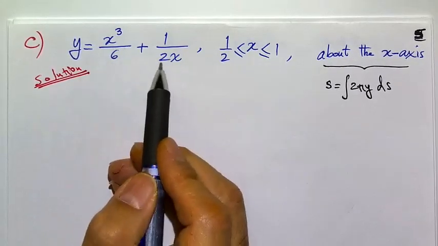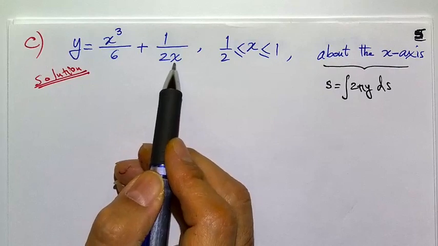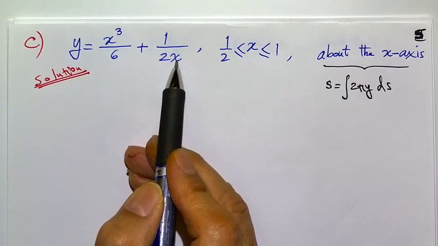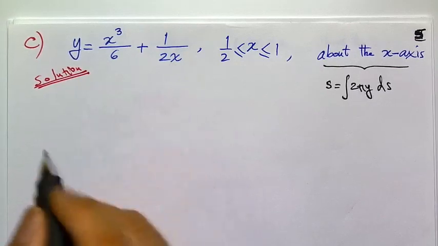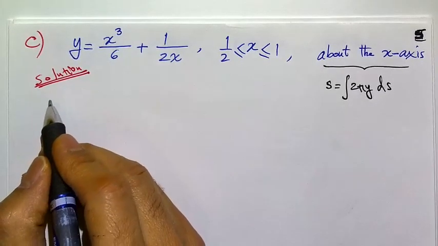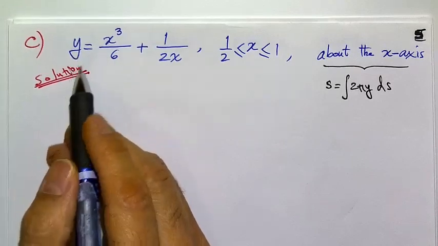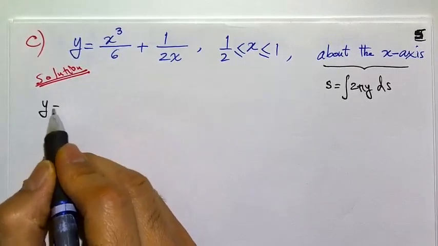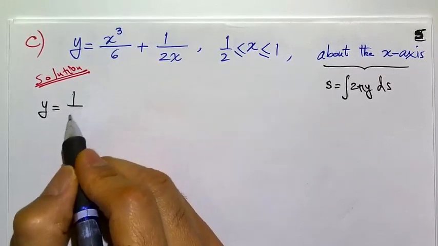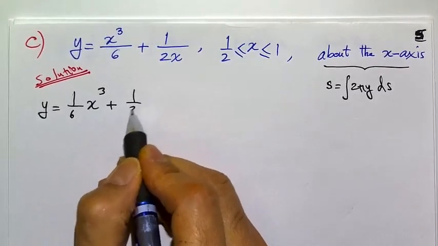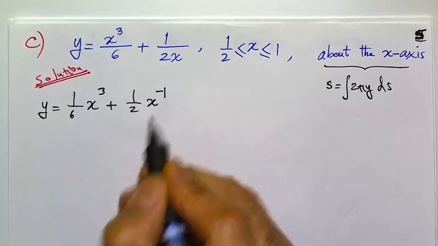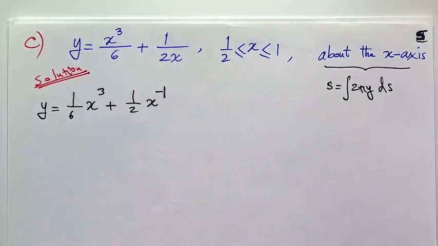So I would rewrite this with the powers clearly shown. So I don't want to have x in the denominator in this form. It's easier to take the derivative if we do that. So let me do that. y equals 1 over 6 times x cubed plus 1 over 2 times x to the minus 1 power, right?